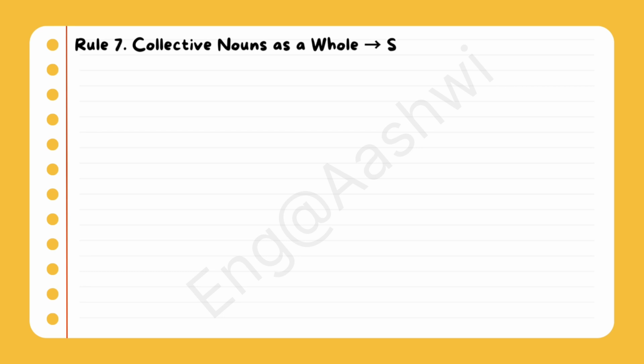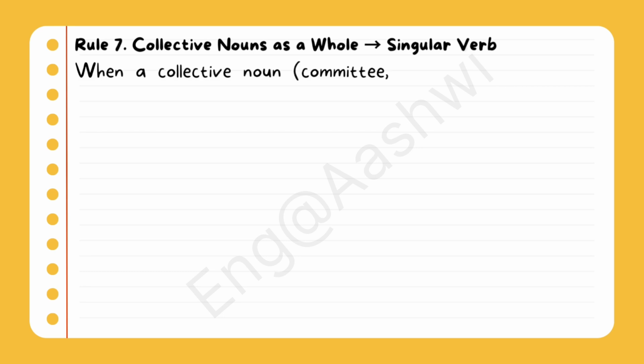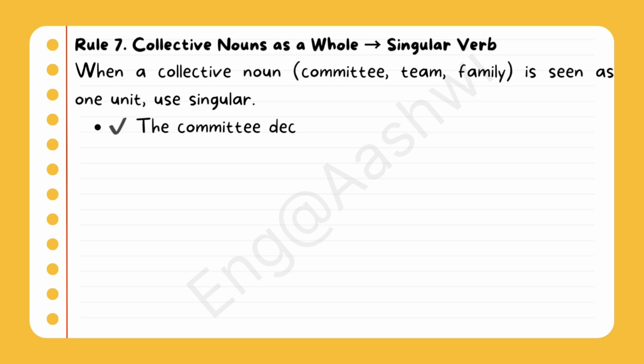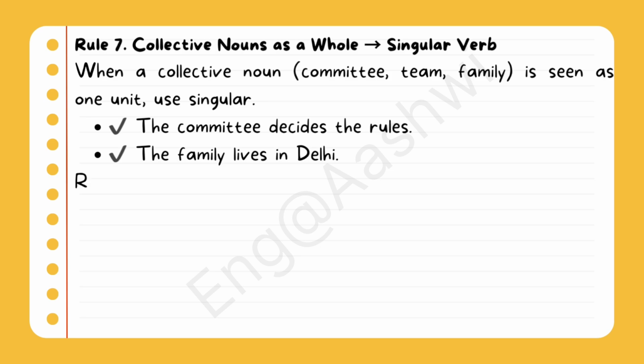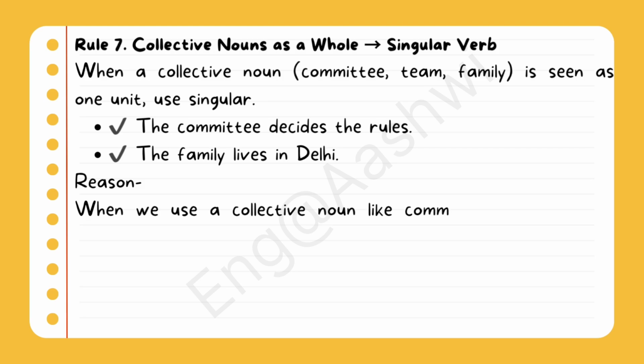Rule 7. Collective nouns as a whole take singular verb. When a collective noun like committee, team, family is seen as one unit, we have to use a singular verb with them. For example, the committee decides the rules. The family lives in Delhi.